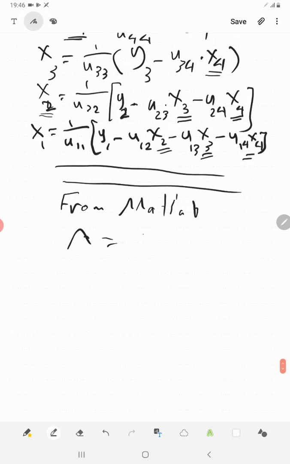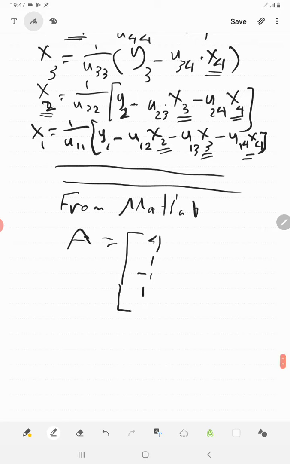Again, when A is equal to 4, 1, minus 1, 1. No, here, sorry. Let me correct that. So we have 1 here and minus 1 here, and we have 1 here.